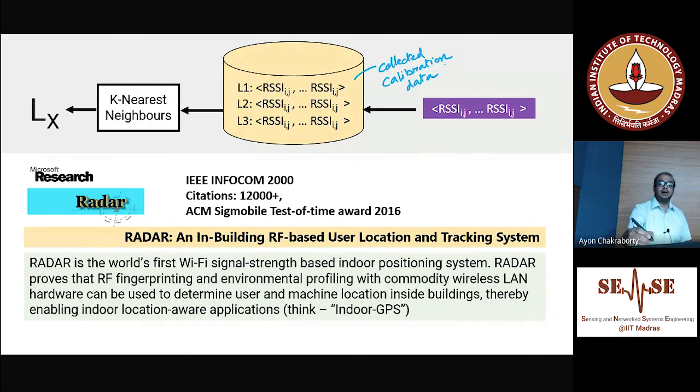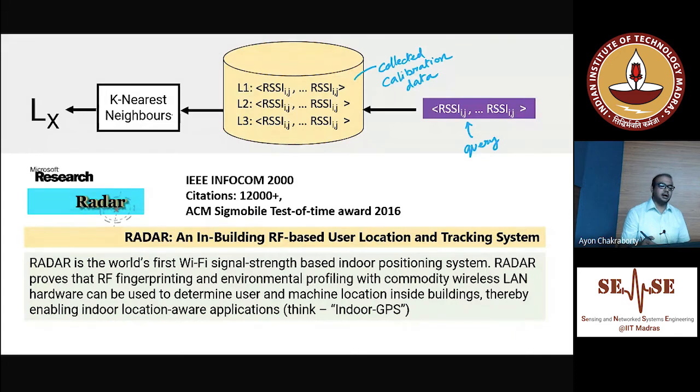Whenever there is an input, a query, your IoT device is going to say, I have these values of RSSI, can you please tell me what my location is? This query goes through the database, and they run a k nearest neighbor search. I'm assuming that all of you know k nearest neighbors. It compares the distance of the queried feature vector with all the different feature vectors you have here, and comes up with the k closest ones.